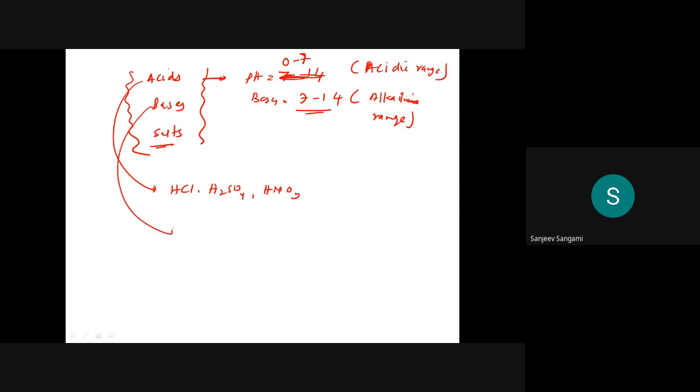Bases are NaOH, then CH3COOH. Some salts are sodium carbonate, Na2CO3, then sodium bicarbonate, NaHCO3. These all come under salts. Also Na2S2O3, sodium thiosulfate, is a salt.